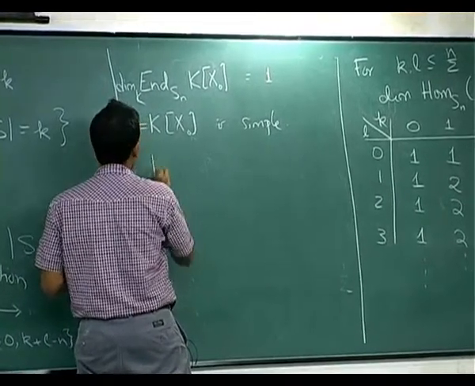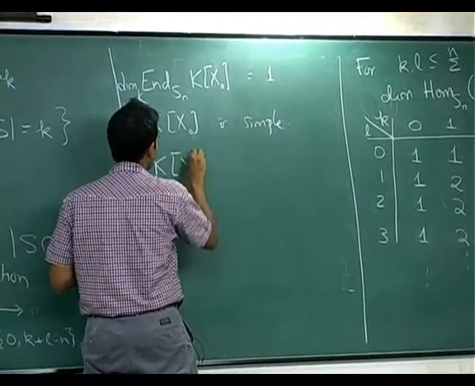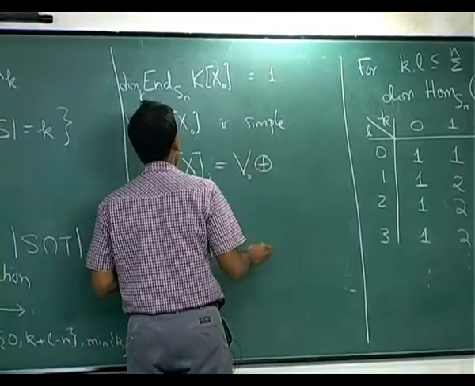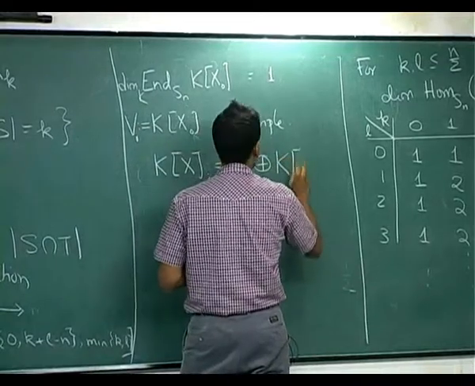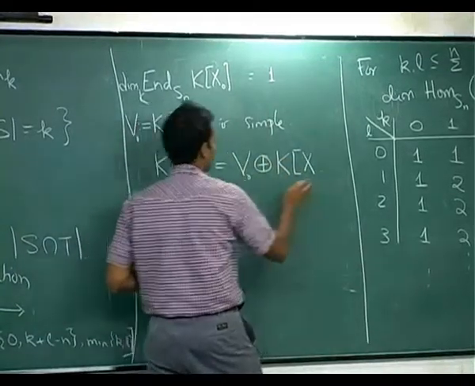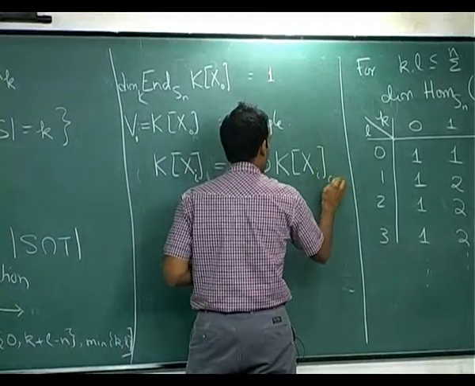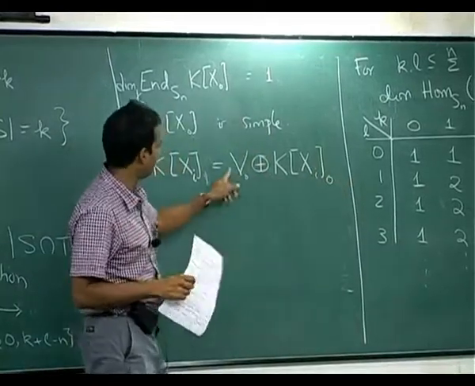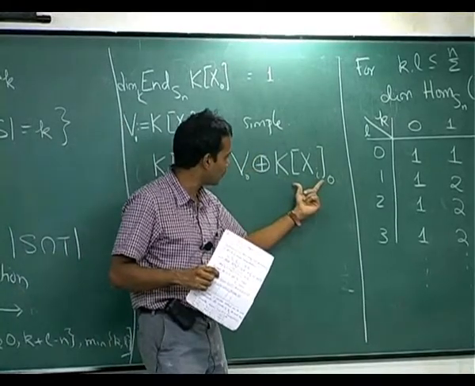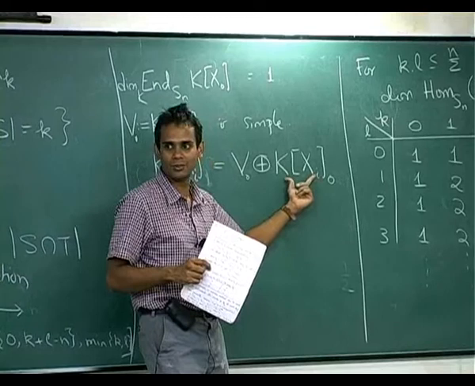So I can write kxi to be V0 direct sum some other representation kxi subscript 0, to indicate that I have removed the V0. And in this, if you look at the decomposition to simples, there'll be no V0.